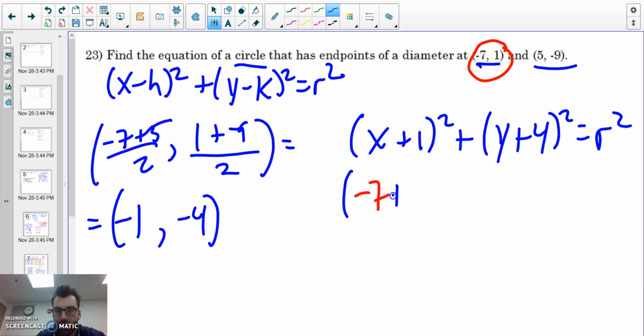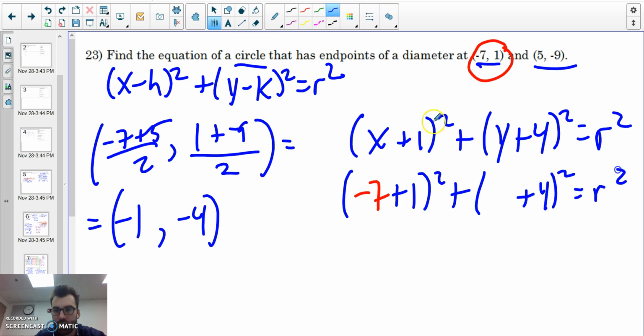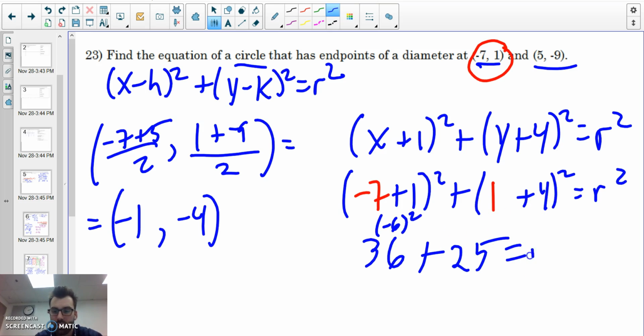-7 plus 1 squared plus 1 plus 4 squared equals r squared. Well, I know that -7 plus 1 is -6. -6 squared is 36. Remember, if you're using your calculator to do that, use parentheses. Plus 1 plus 4 is 5. 5 squared is 25.